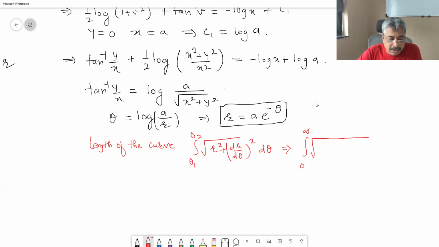Inside the bracket, r squared is a squared e raised to minus 2 theta, plus dr by d theta, which we can calculate orally, is a squared e raised to minus 2 theta, again d theta. This is going to be your curve length.